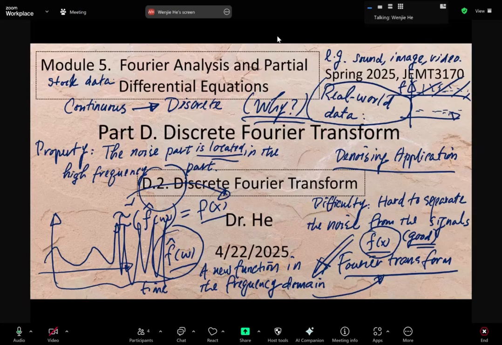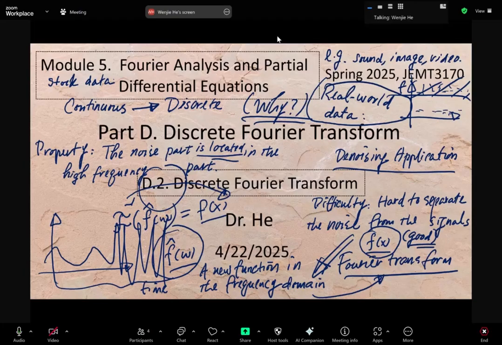Your sound file is a sequence of numbers representing the content of the file. For an image, you use numbers to represent the grayscales, the pixels, the RGB values, all numbers.